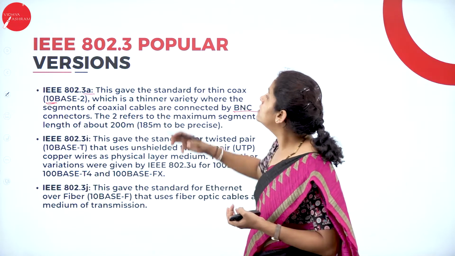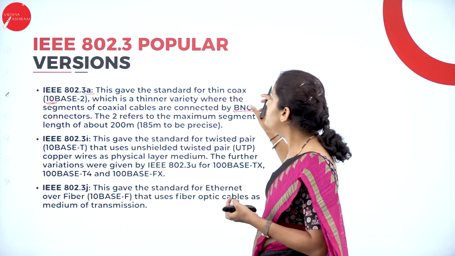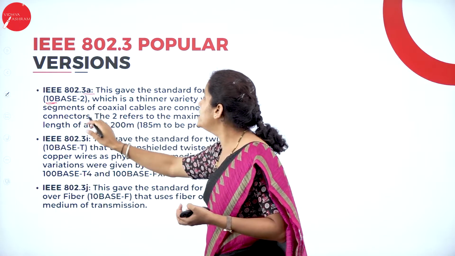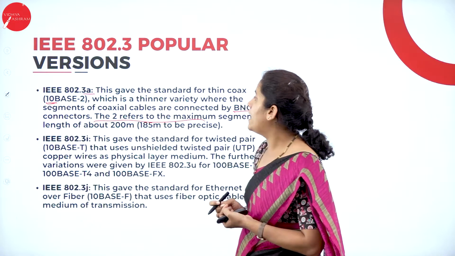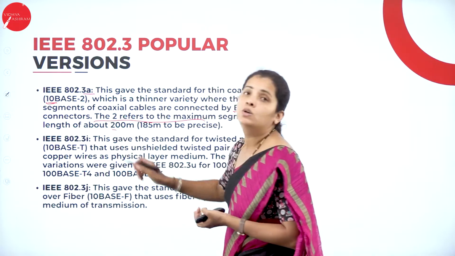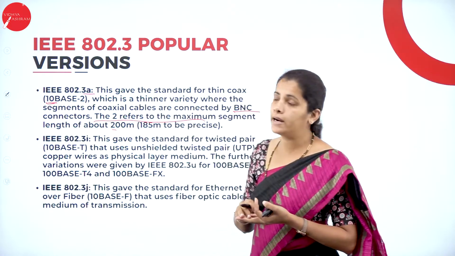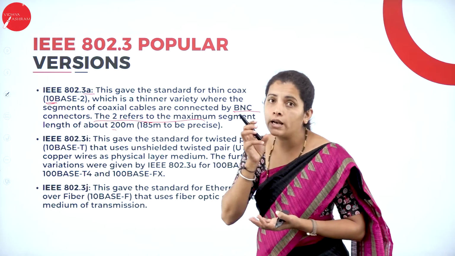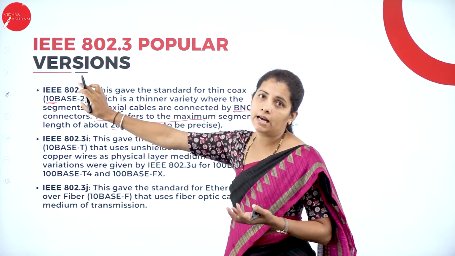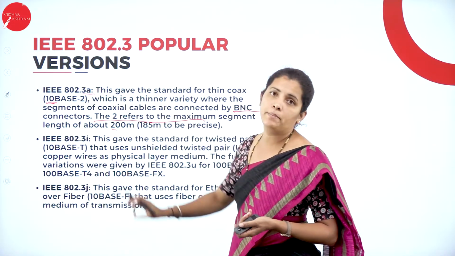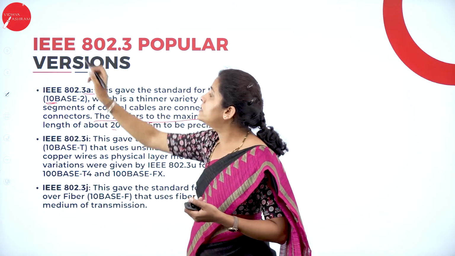Here 2 refers to the maximum segment length and it is about 200 meters, that is 185 meters, whereas 10 is your data rate, that is 10 Mbps.